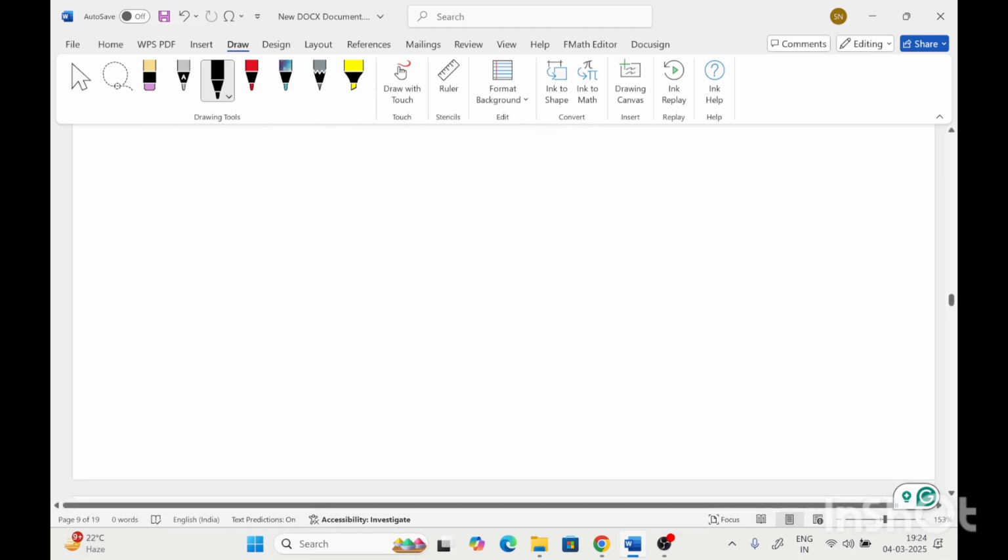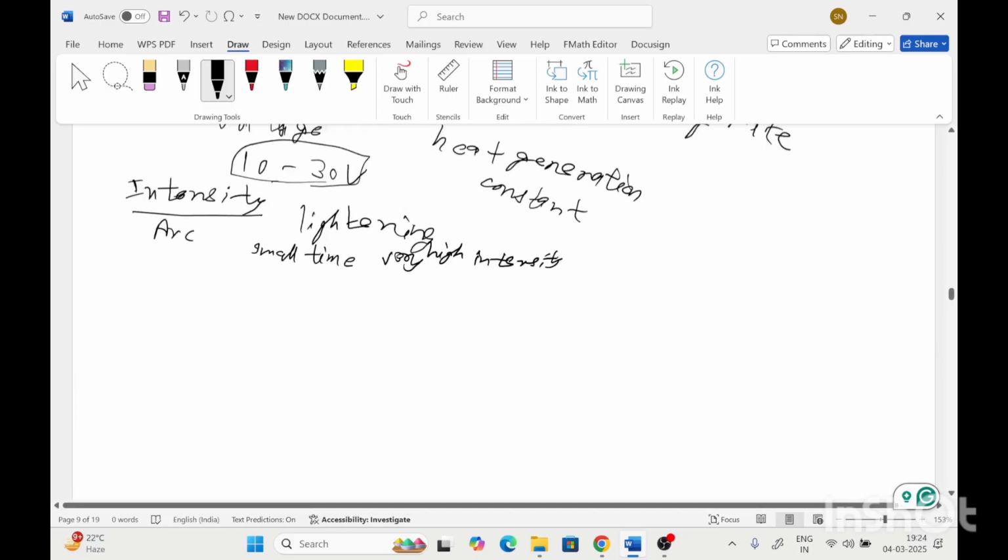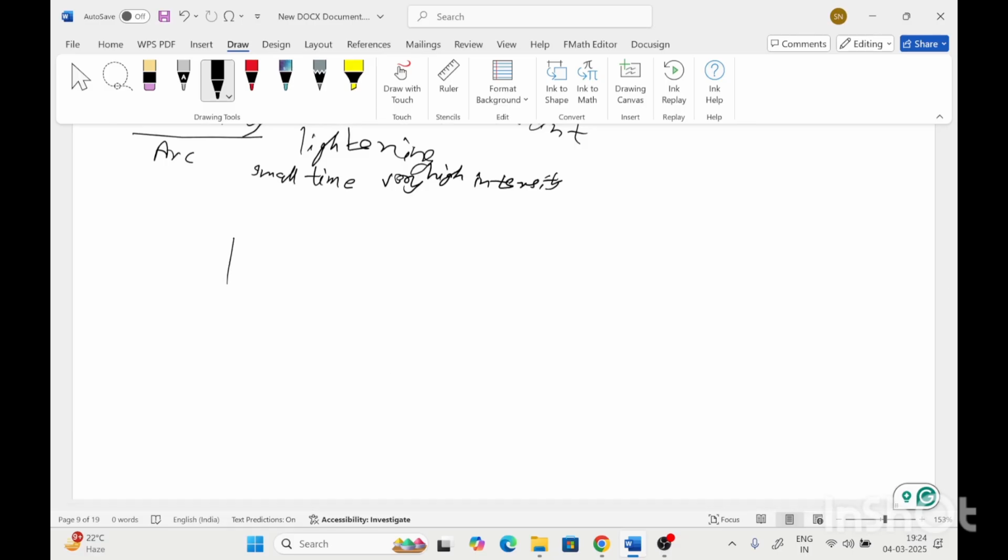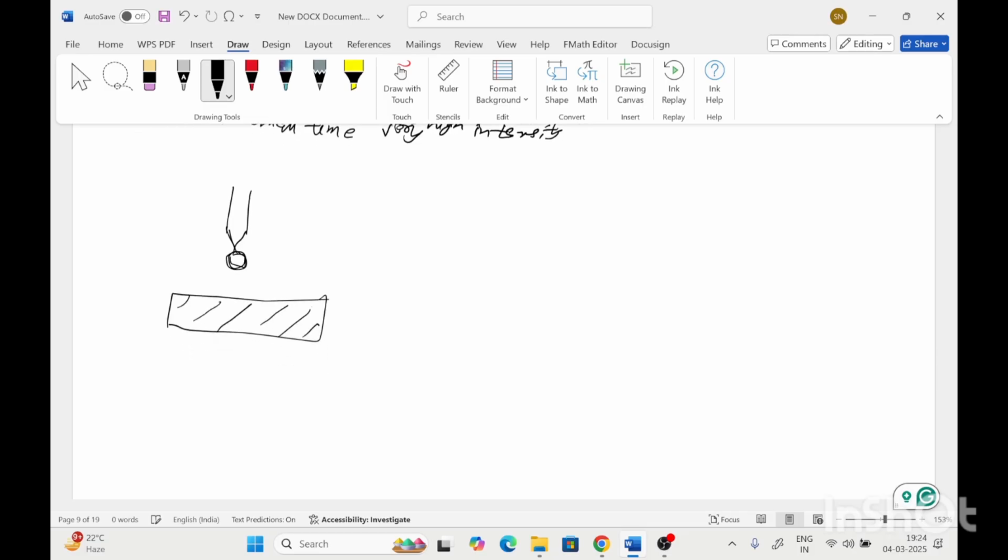So what are the different forces that lead to the easy transfer of this molten droplet to the workpiece? This is the molten droplet created at the electrode, and it should transfer to the workpiece. There are different types of forces which determine the droplet transfer.